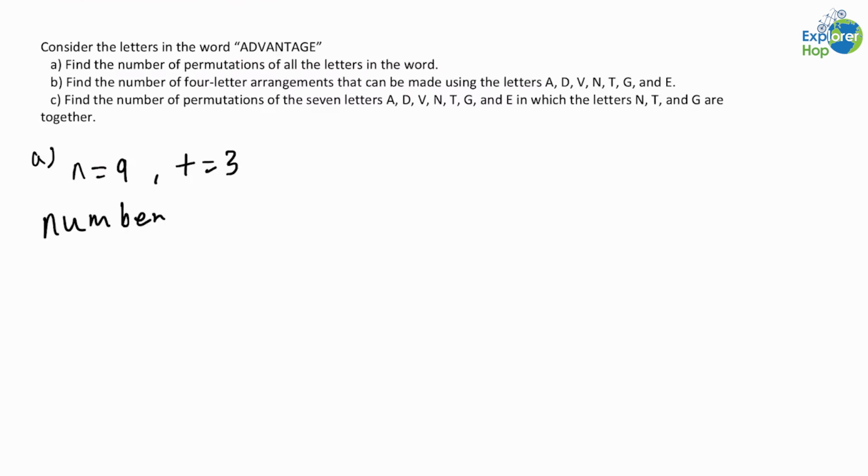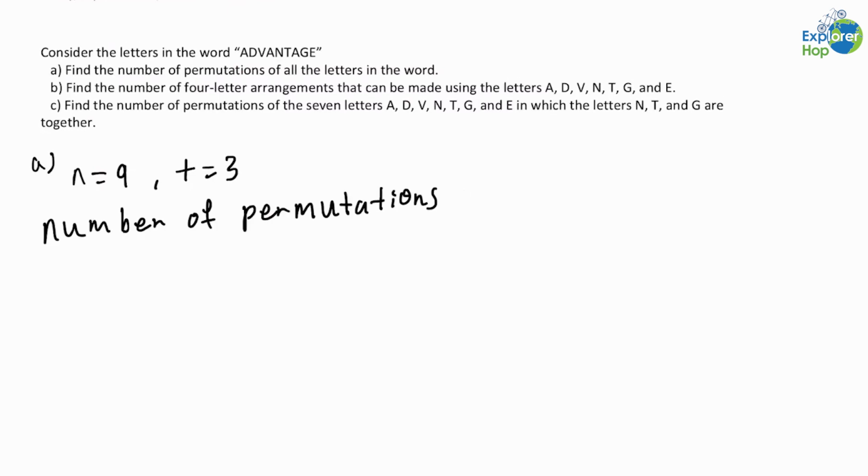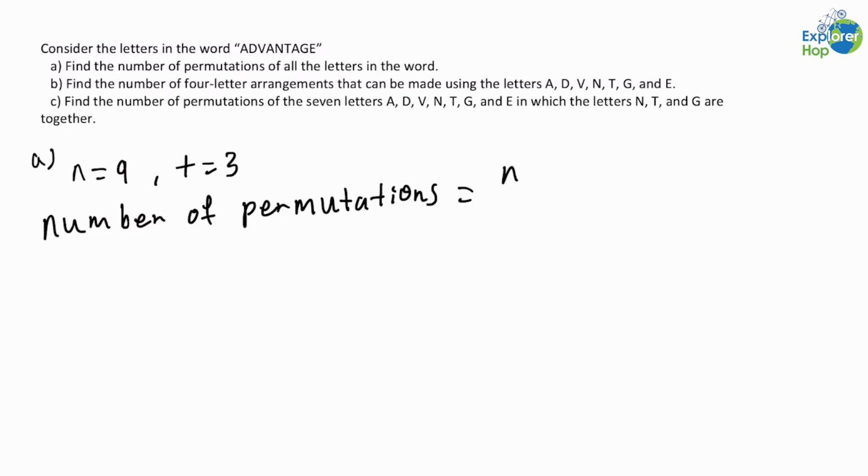So the number of permutations is equal to n factorial over t factorial. And this is equal to 9 factorial over 3 factorial, which is equal to 60,480. And that gives us the number of permutations of the letters in the word.